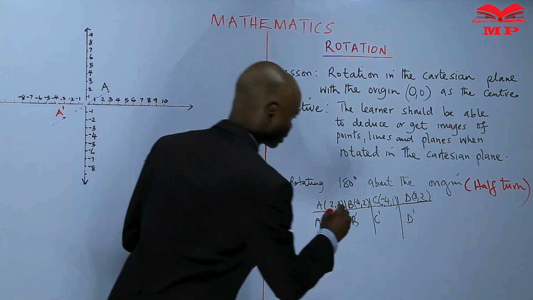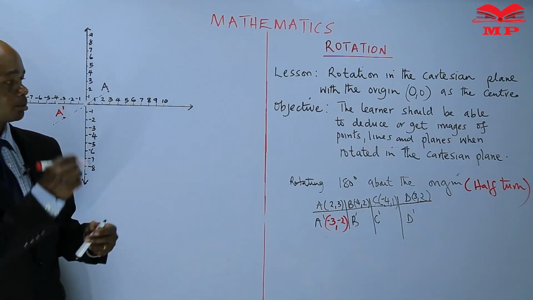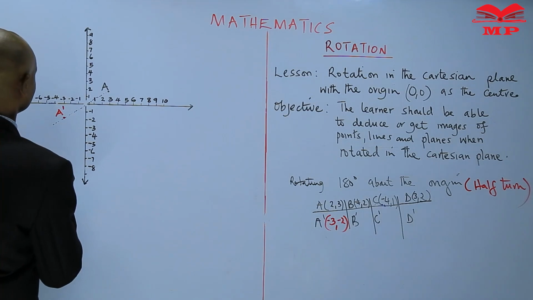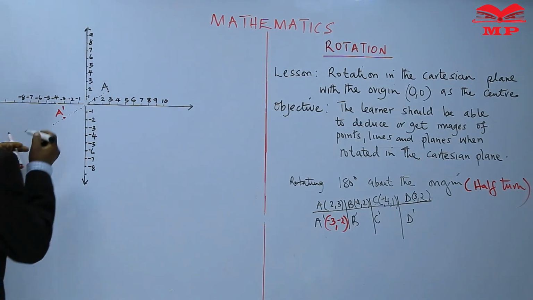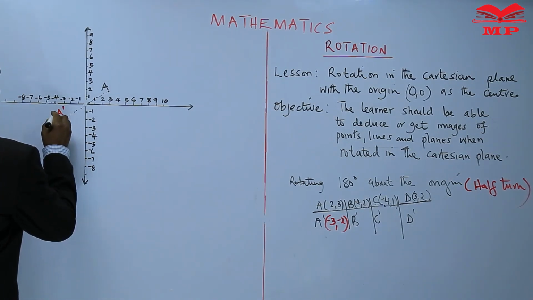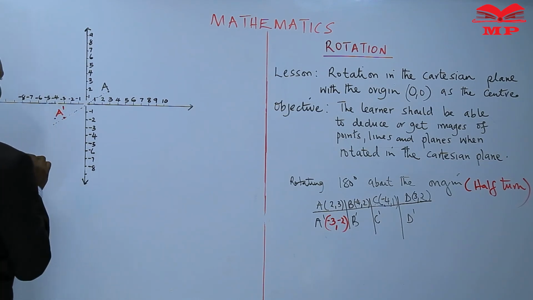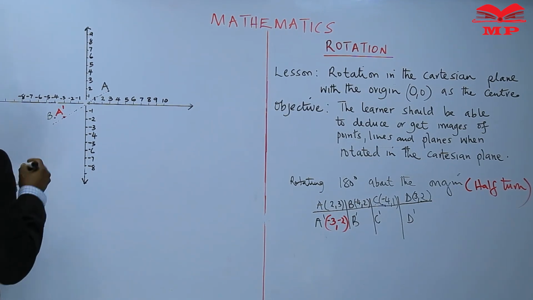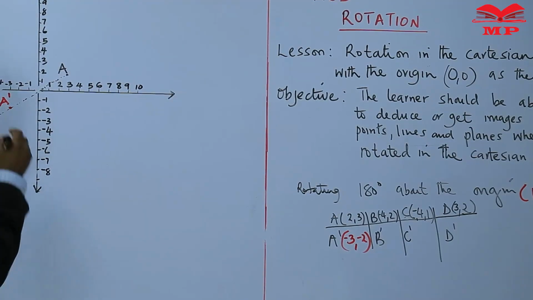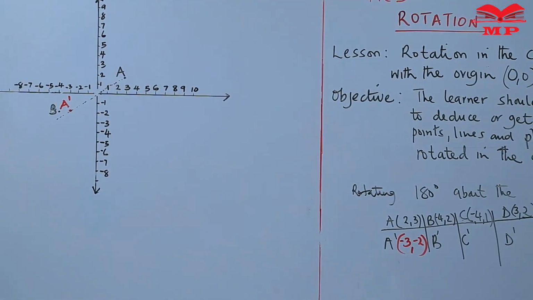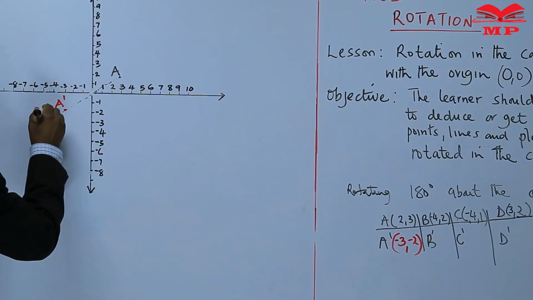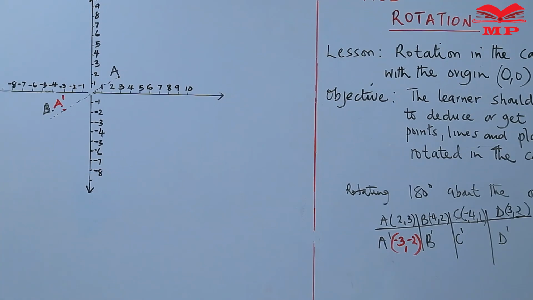Let's go to B. B, I'm given the points as negative 4, 2. B is actually here. What will happen?